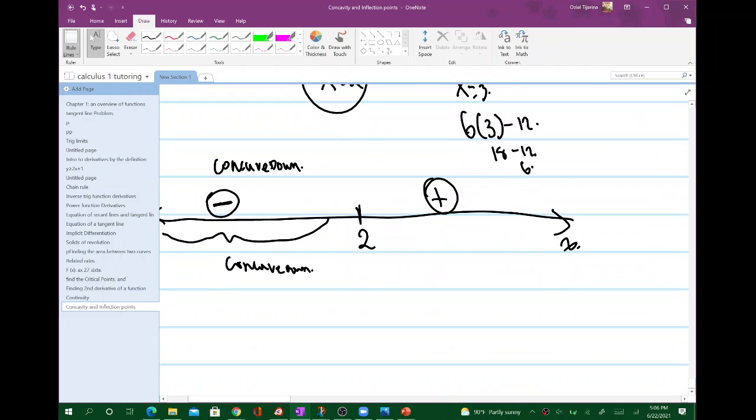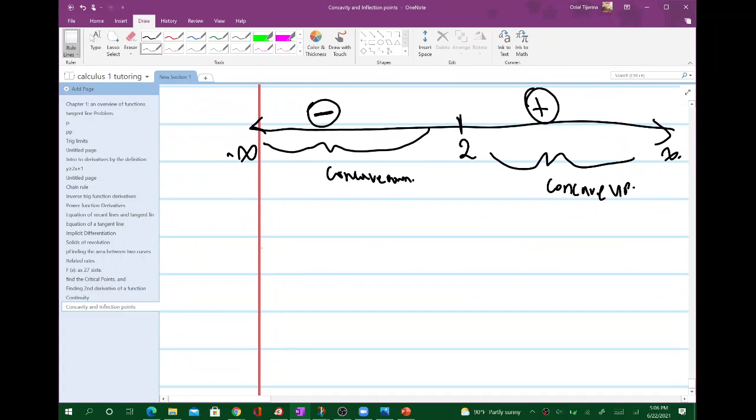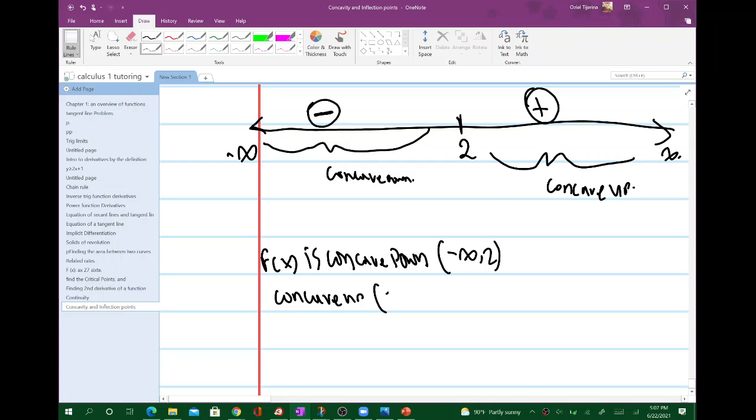That means here it'll be concave up at this interval. So f of x is concave down from negative infinity to 2, and then it is concave up from 2 to infinity. Okay, and that is how you do this problem.